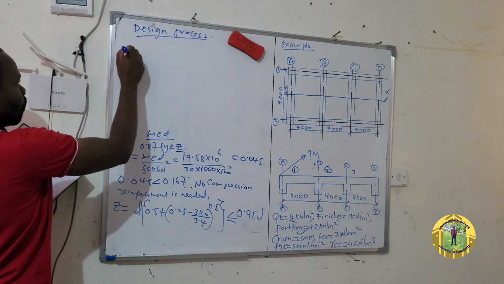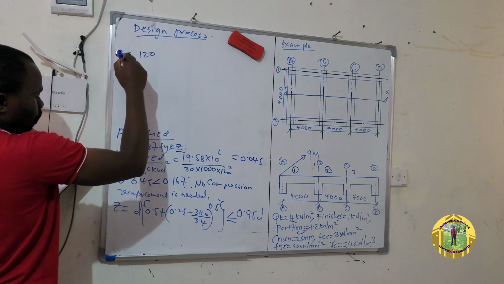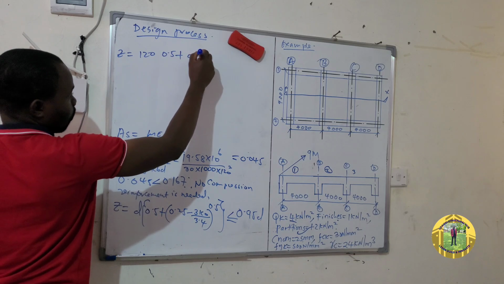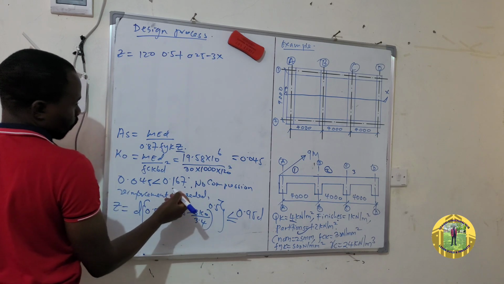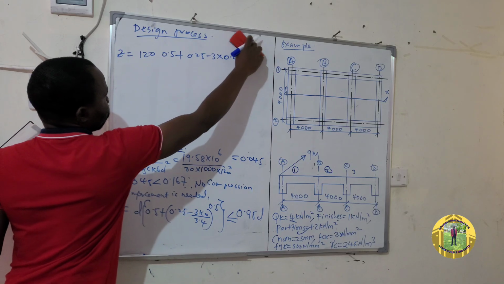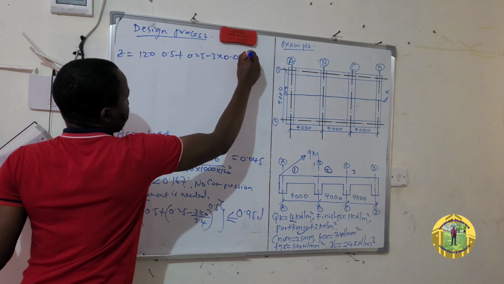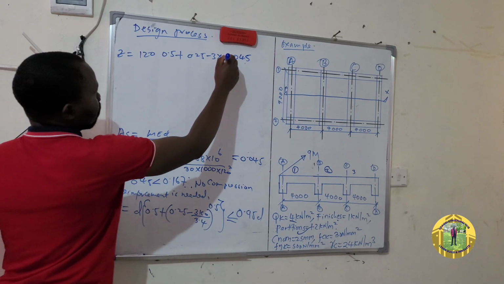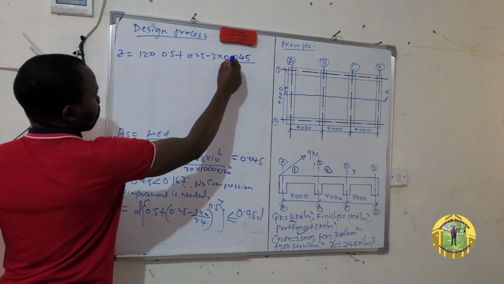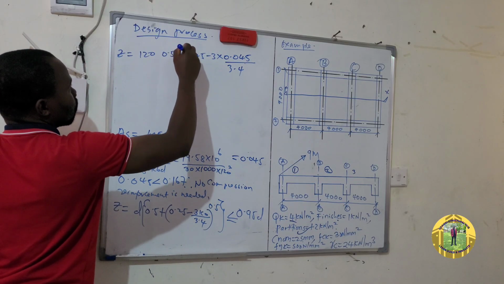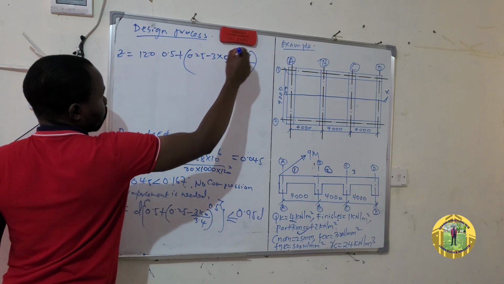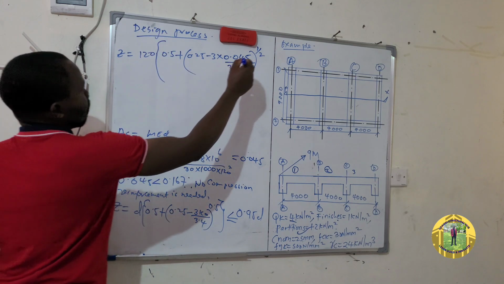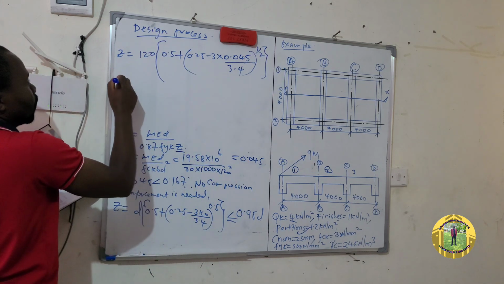Z is equal to D, which is 120, times 0.5 plus the square root of 0.25 minus 3 times K naught, which is 0.045, all over 3.4, raised to power 0.5 or a half, like that, and then you put the larger bracket.